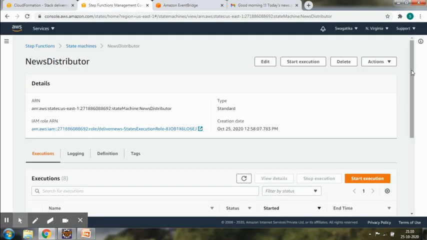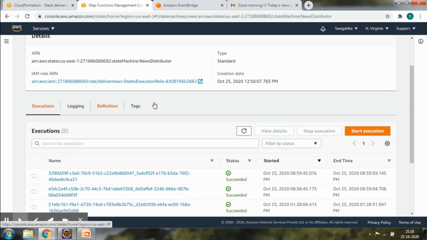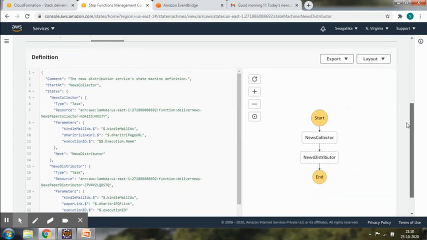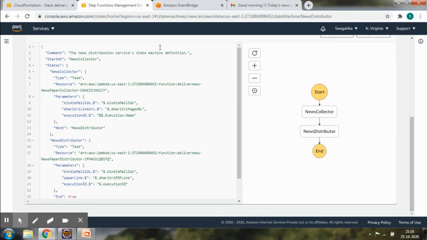So let's look at the definition. Yeah, so this is the definition of the state machine. As you can see on the left hand side, the first one is the news collector, the second one is the newspaper distributor service. Okay, the input to this state is the Kindle mail IDs, the page, the e-paper link, and the unique execution ID.